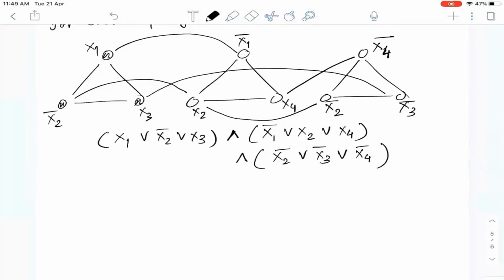How do you mean? No, for each of the clauses, I make one copy of x2 bar.